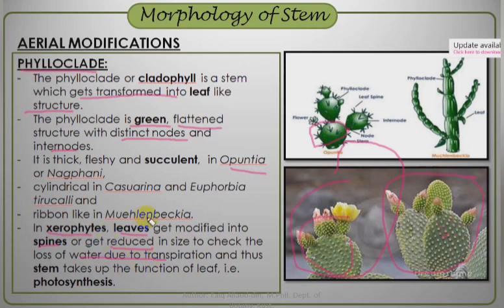The stem gets modified into a leaf-like structure. The stem performs the function of photosynthesis. The stem also performs the function of storage of water, H2O. That is why this type of stem has been modified into this special type of phylloclade. Now going to the next slide.